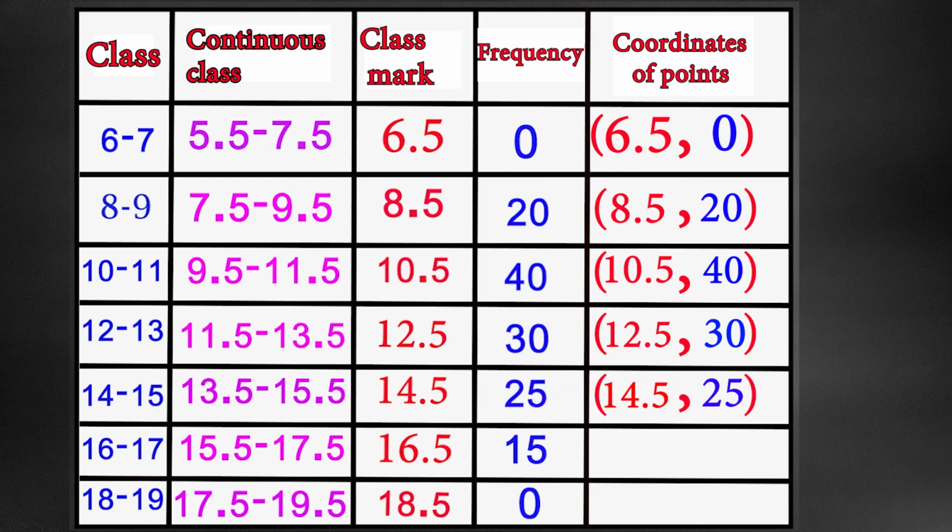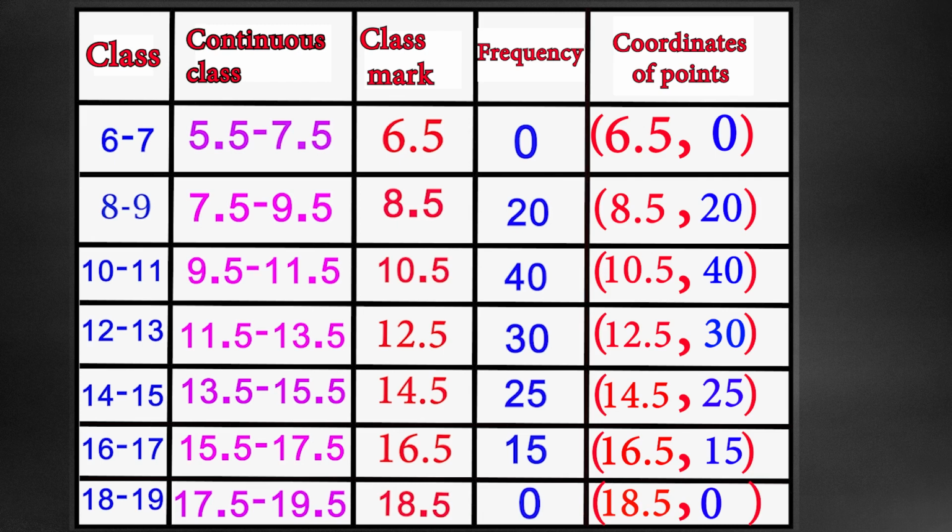Next row, class 16 to 17, continuous class 15.5 to 17.5, class mark 16.5, frequency is 15 and coordinates of point is 16.5 and 15. Next row, class 18 to 19, continuous class 17.5 to 19.5, class mark is 18.5, frequency is 0, coordinates of points are 18.5 and 0.